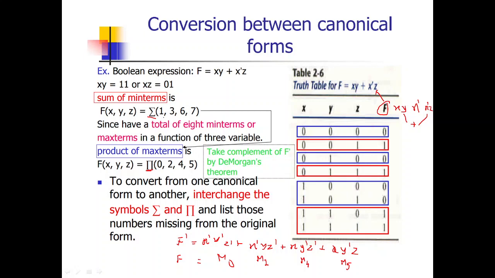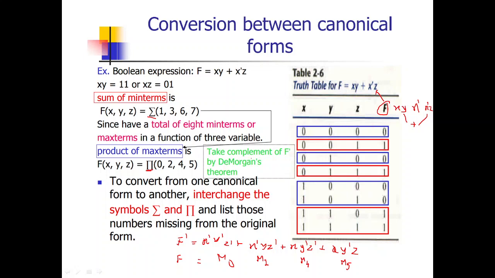So if you are given the sum of minterms as f equal to summation of 1, 3, 6, 7, then we can directly write the product of max terms. Summation is changed to pi, and the numbers missing here are considered for the product of max terms. So simple, you can go that way.